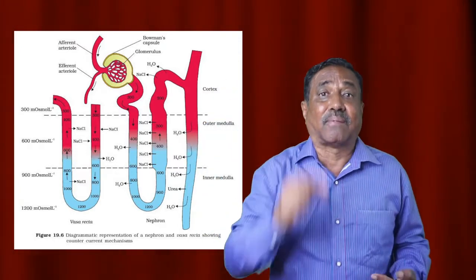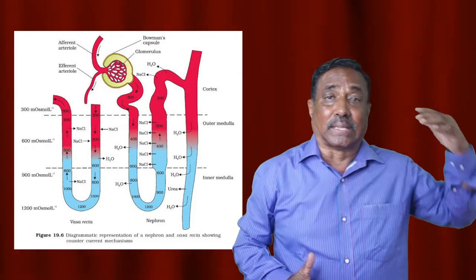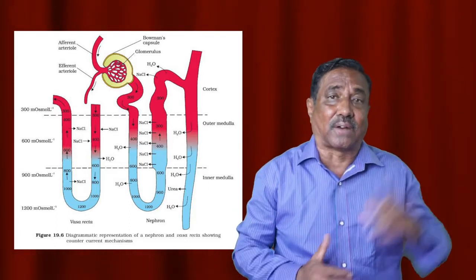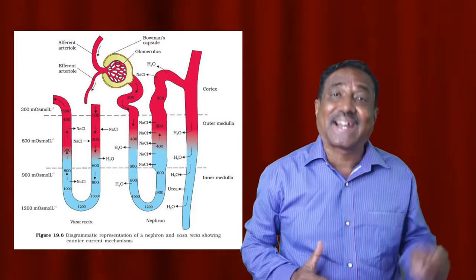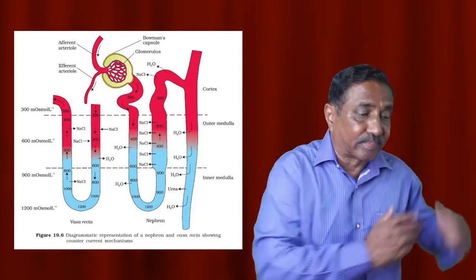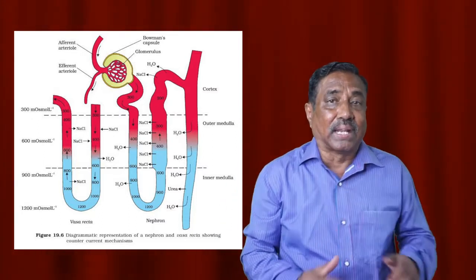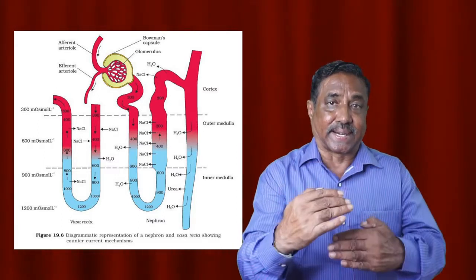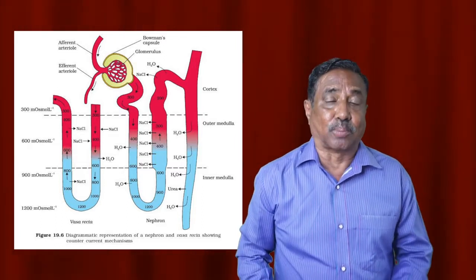As I was telling you, in the cortical region the concentration of the filtrate is about 300 milliosmoles per liter, and then it goes to 600, 900, and 1200 at the loop of Henle.